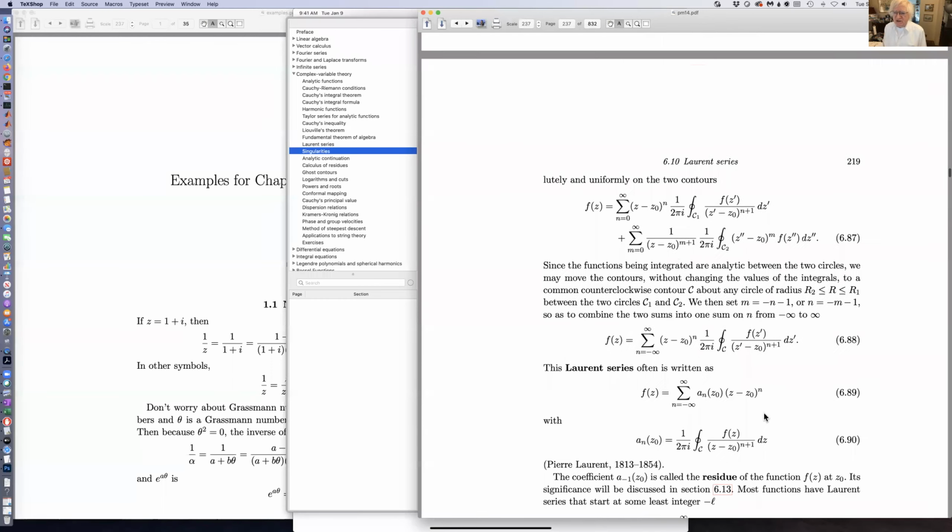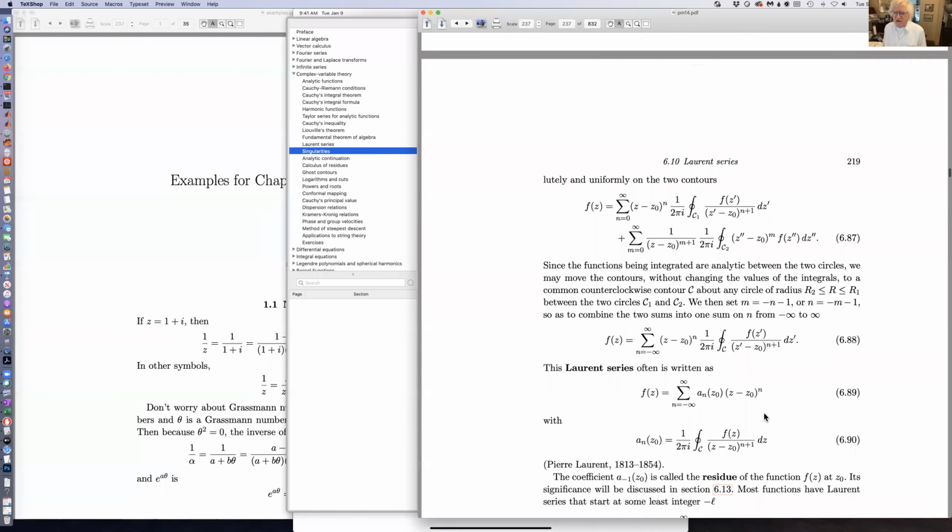We set z equal to z0 plus epsilon e to the i theta. dz is that. And then we translate all this and it becomes an integral from 0 to 2 pi of d theta. dz is i epsilon e to the i theta d theta. z minus z0 is just epsilon e to the i theta. So we've just got this structure here.